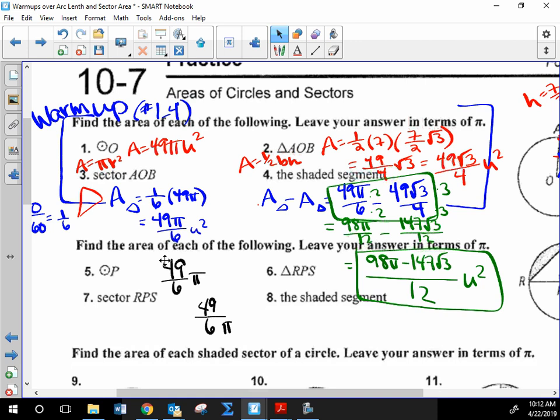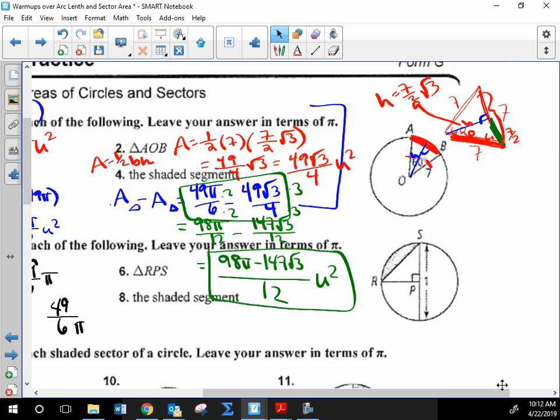I didn't get number 2. All right, what about number 2? Are you stuck? Are you okay with getting the height? Are you okay with the fact that this is a 30-60-90 triangle? So my short side is 7/2 because they gave me my hypotenuse.